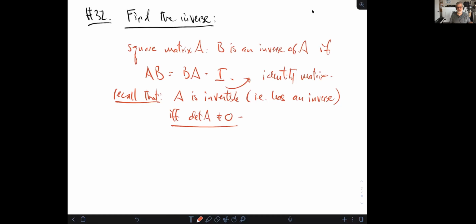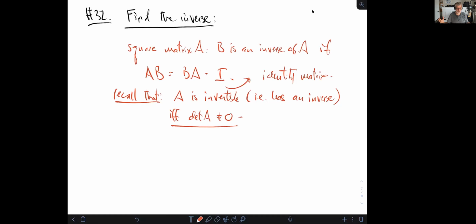That's shorthand for: if it is invertible, its determinant is not 0, and if its determinant is not 0, it is invertible. And the way we prove that is by actually computing the inverse.